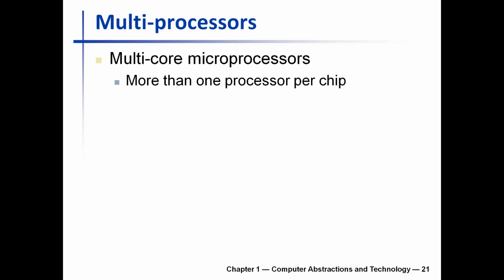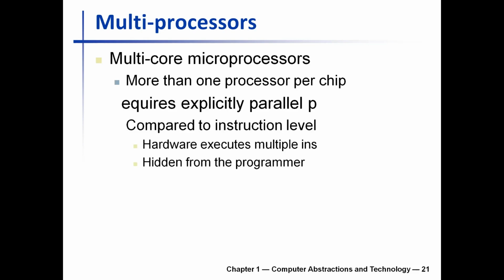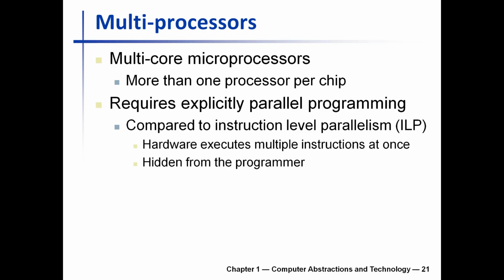So, multi-core processors or multi-processors basically mean you have more than one processor per chip. So, how to make use of these processors?